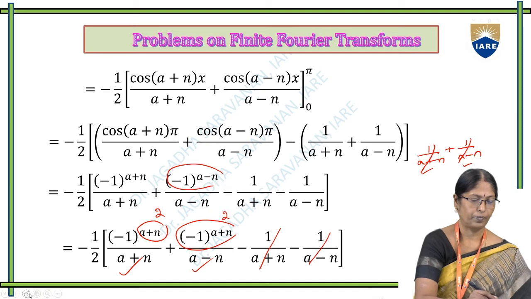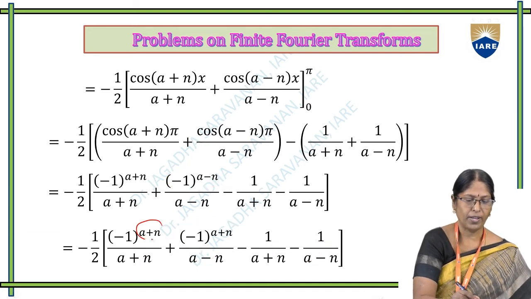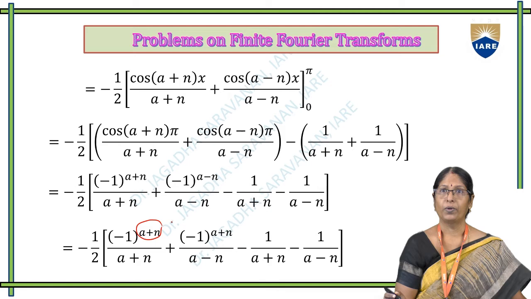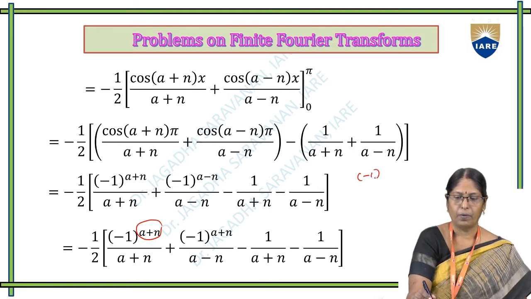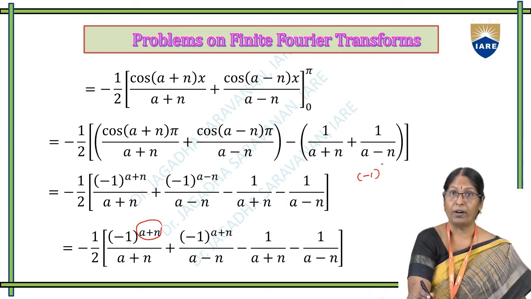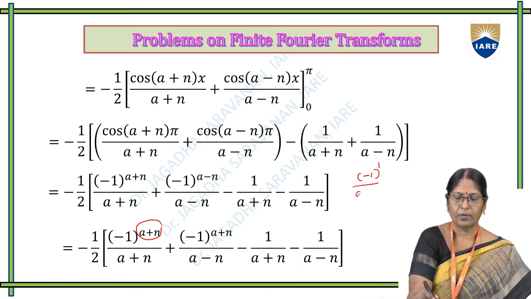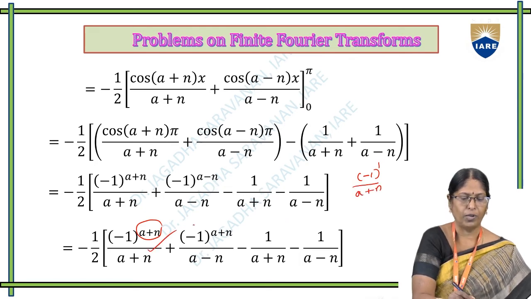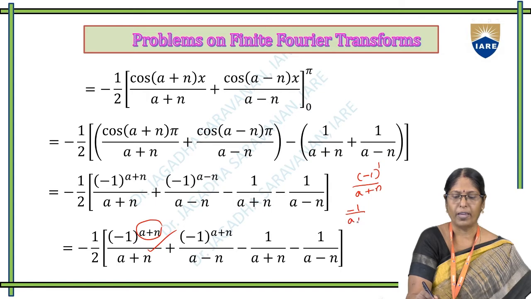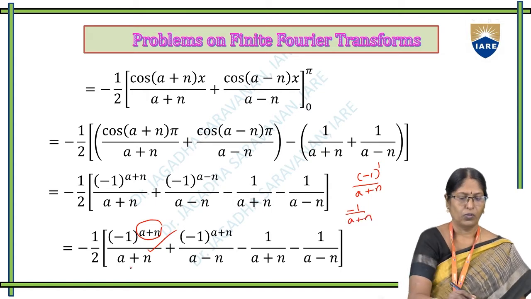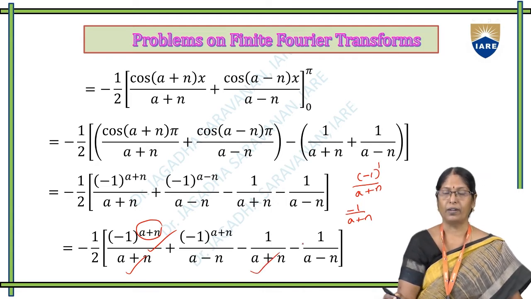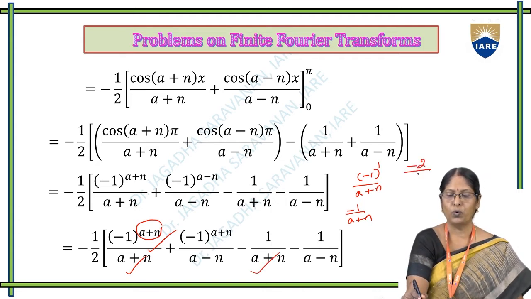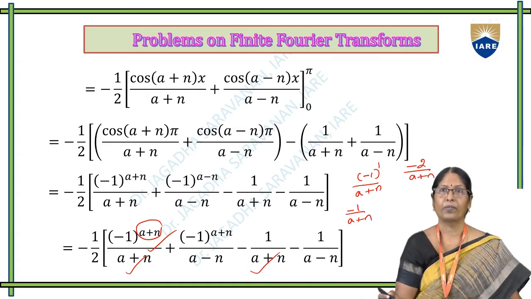Whereas if a plus n is odd, we can take the odd number 1. So this value will become minus 1 by a plus n, and here also minus 1 by a plus n. Put together, minus 2 by a plus n.